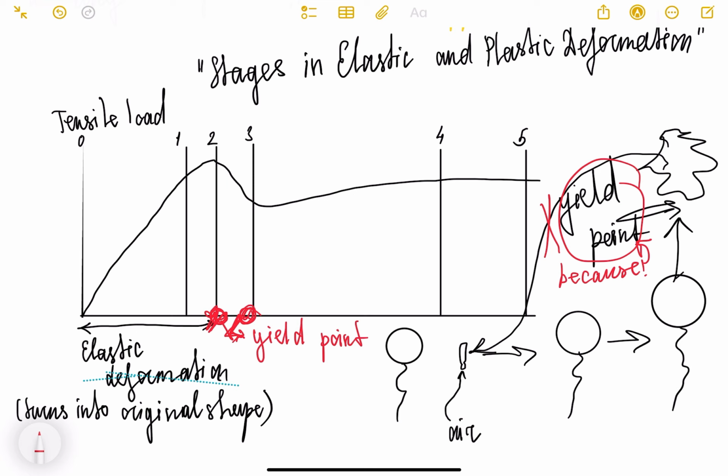Point 4. This is the ultimate tensile strength of the material. Beyond this point, a narrower section appears at a point along the length of the bar, signaling that it is about to fracture.